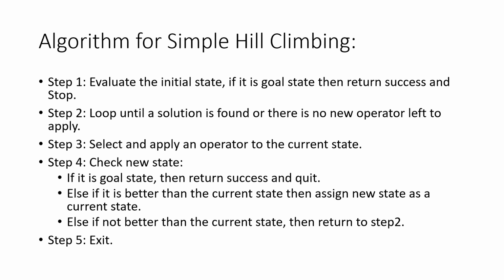Better means we check the highest value or the lowest value depending upon maximization or minimization. If it is no better than the current state, then we return to step 2. That means we enter that loop and continue. So these are the three cases we have.